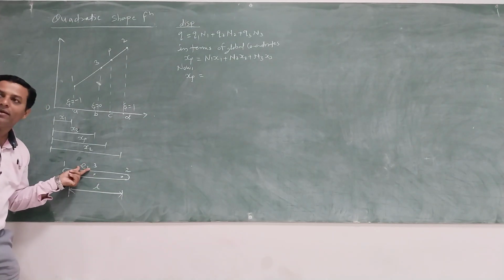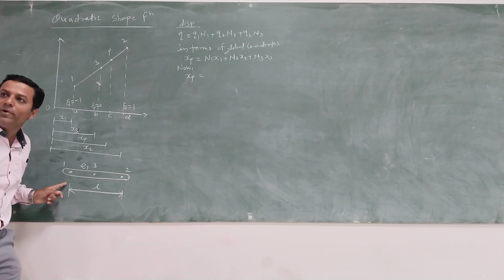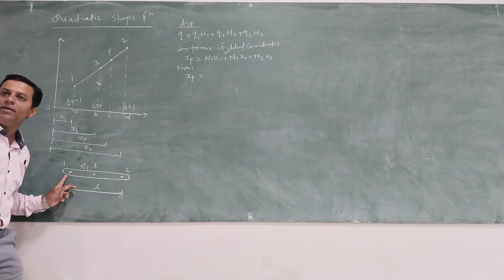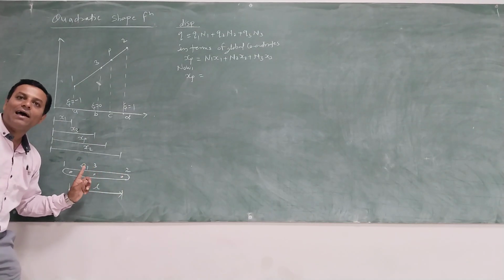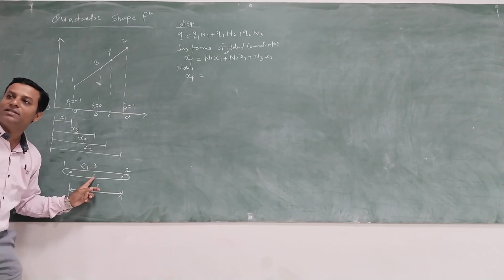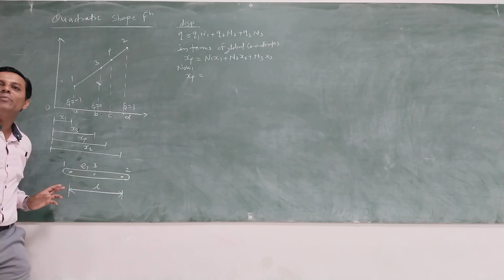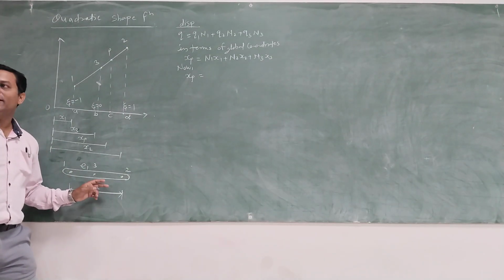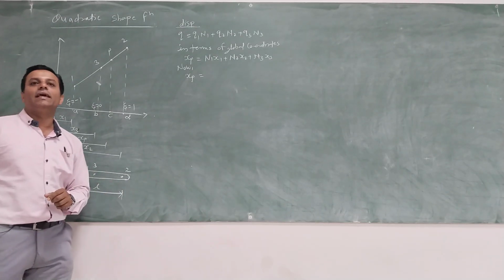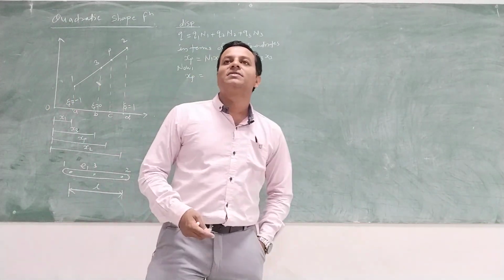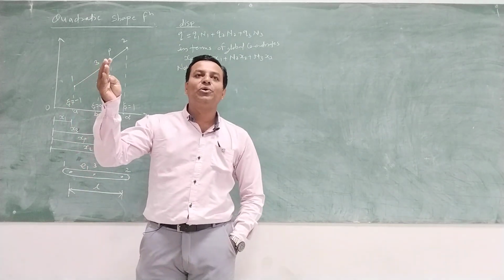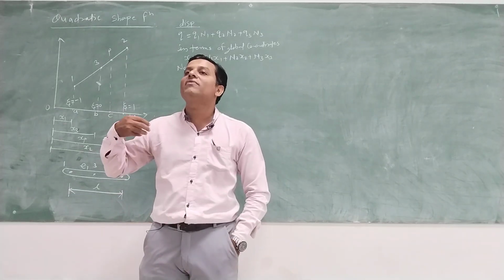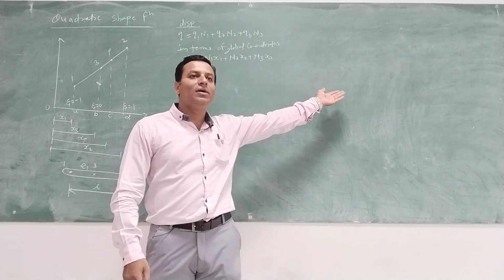So this total element 1 will be having 3 nodes, node number 1, node number 2, and I have added one more node at center, and that is node number 3. म्हणजे element किती आहे इथं एकच आहे आणि नोड किती घेतलेत मी 3. So when I consider such a case, then the shape functions will be N1, N2 and N3. Now how this shape function will be quadratic, that I am going to show you later.